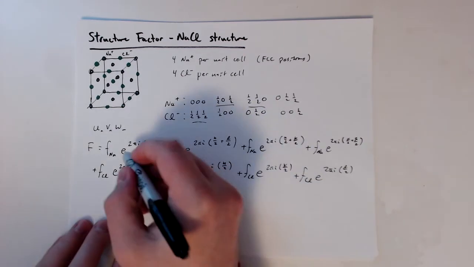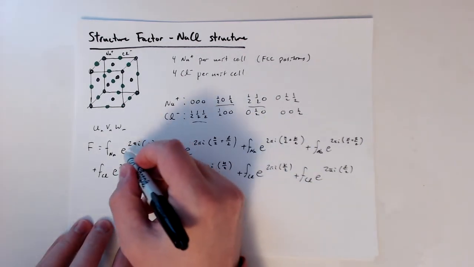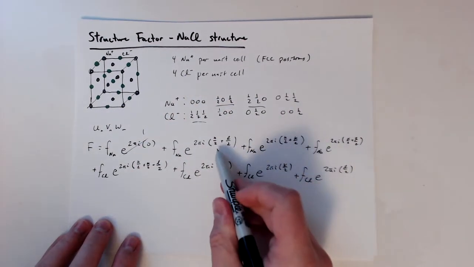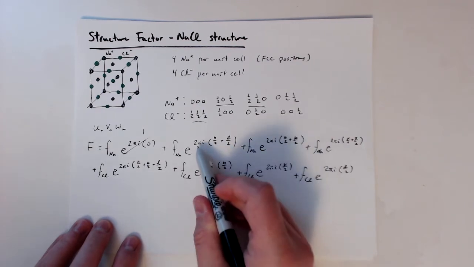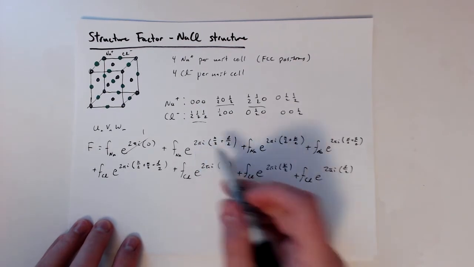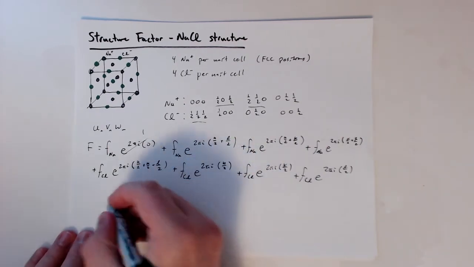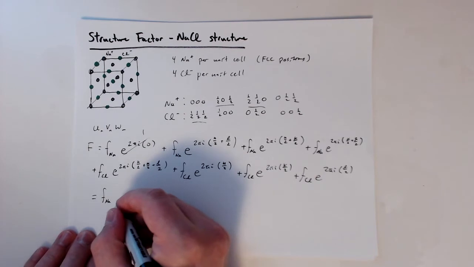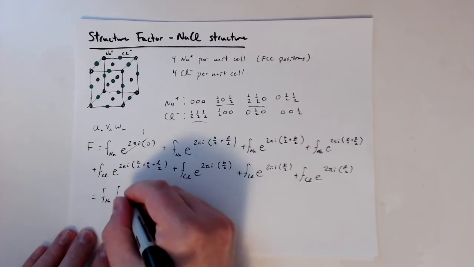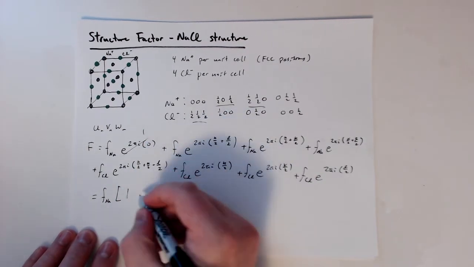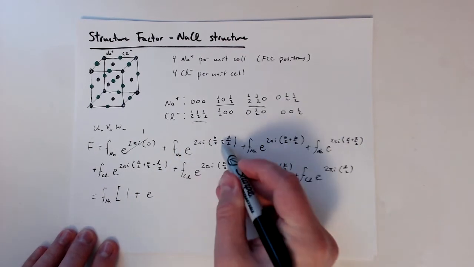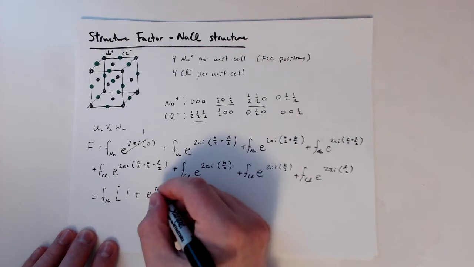So now what we want to do is see if we can simplify this expression. So we know that this first term is going to go to 1. We can take the 2 out and remove this 2. So let's go ahead and write that. So we've got F sub Na, and then it's going to be multiplied by 1 for the first term, plus e, and then the 2 and the 1/2 are factoring out.